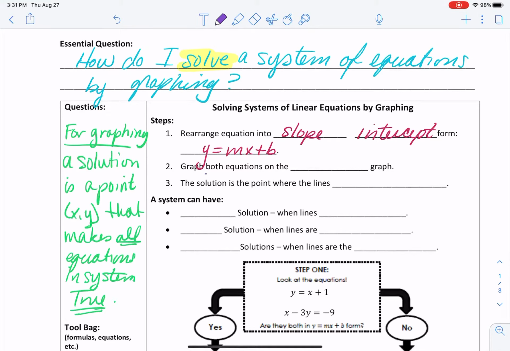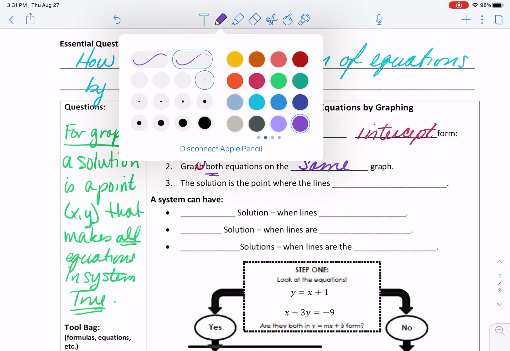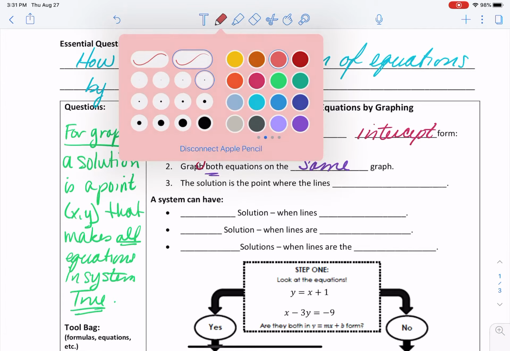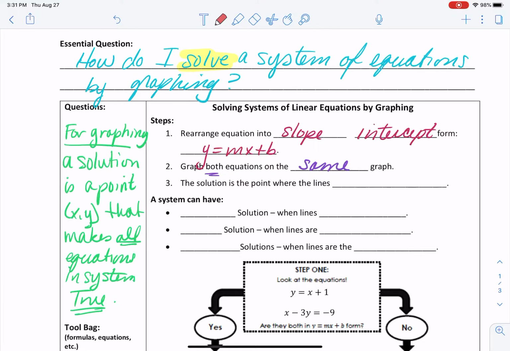Then we graph both on the same graph, so they will probably overlap at some point. Then the solution is the point where the lines intersect.